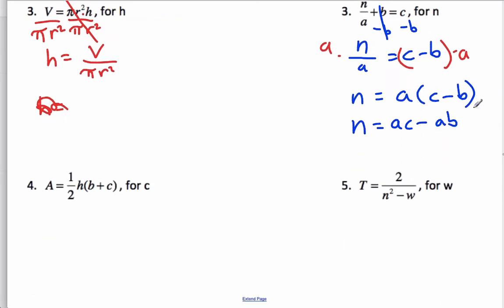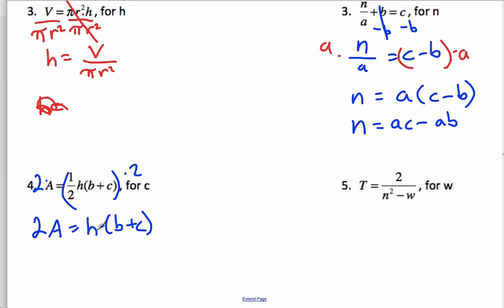Okay, and then the next one, we're solving for c, and we've got a fraction here, multiplied by h, multiplied by b plus c. So let's get rid of the fraction first. This is half. So to get rid of it, I'm going to multiply both sides of the equation by 2. And we'll have 2 times a equals, now 2 times half is 1, so it's just h times b plus c. Okay, we're still looking for c, so this is h multiplied by b plus c.